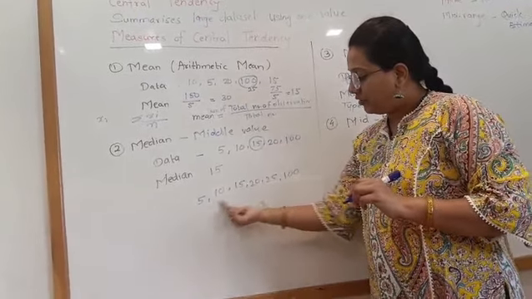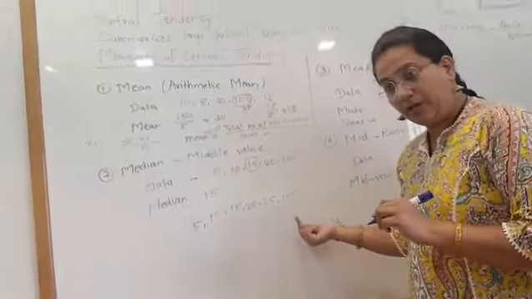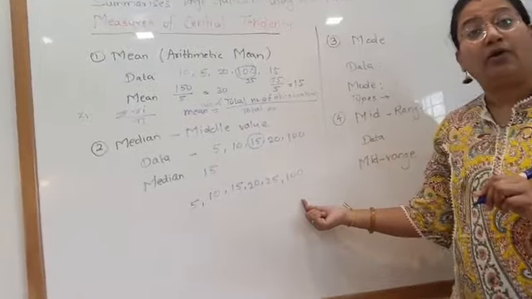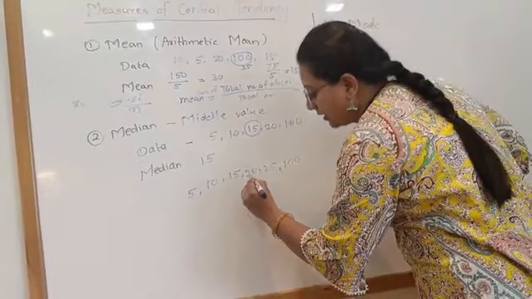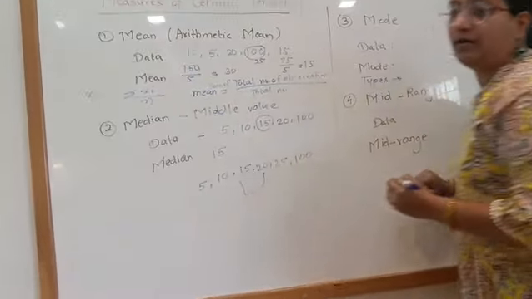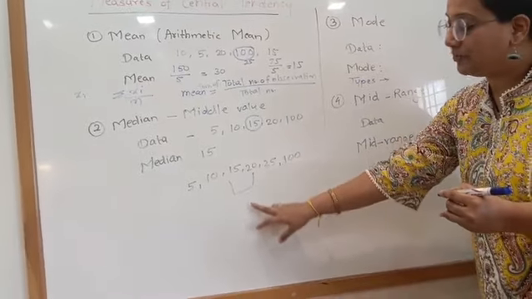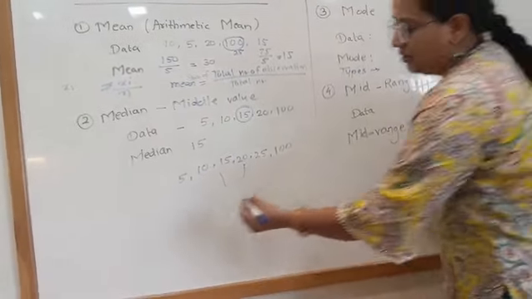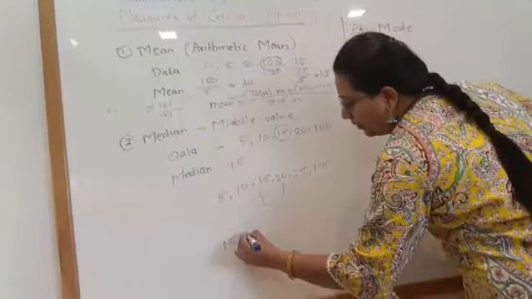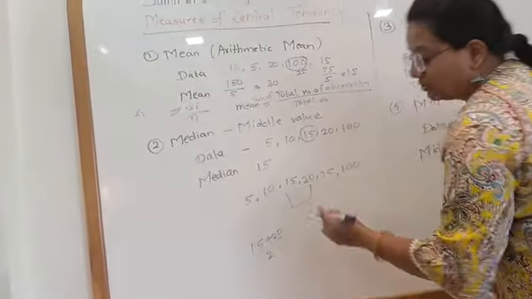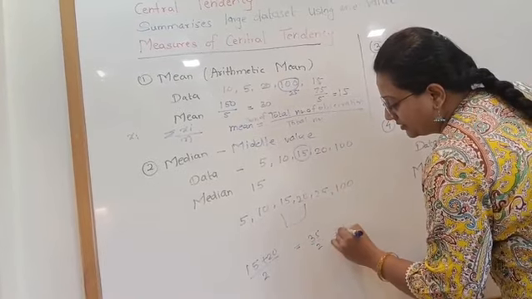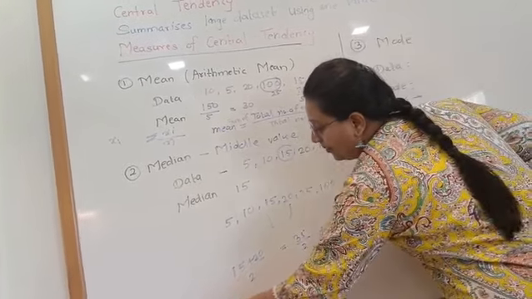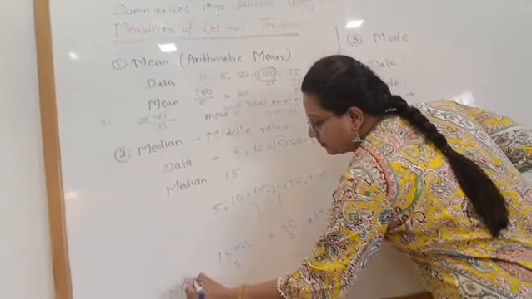But here we cannot consider any value as the middle because no value can divide the data set into two equal parts. So what do we do? We consider the middle two values and take the mean of these, that is the average. So we calculate 15 plus 20 divided by 2 because these are the two values. So it is 35 divided by 2, that is 17.5. So my median value is 17.5.